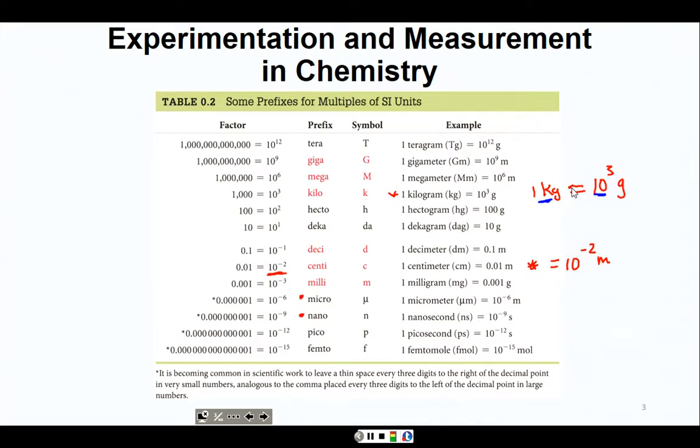The other feature with these is that folks sometimes are not happy with the exponents that are in negative values. And so if you wanted to say that a centimeter is 10 to the minus 2 meters, well, there's nothing wrong with that.